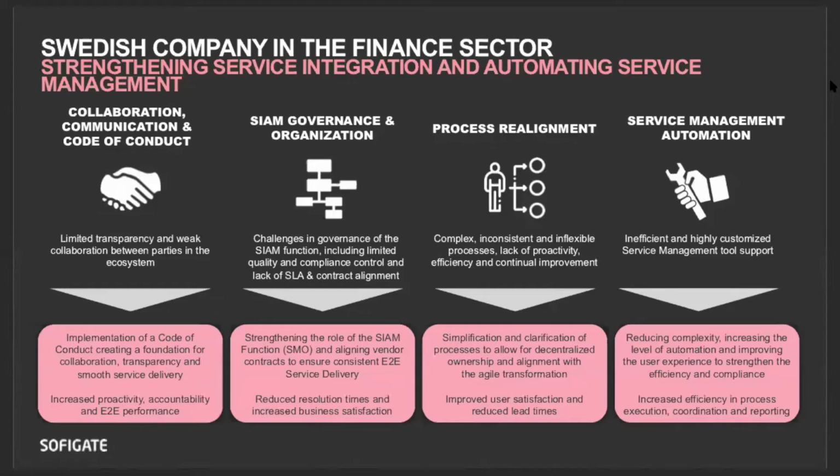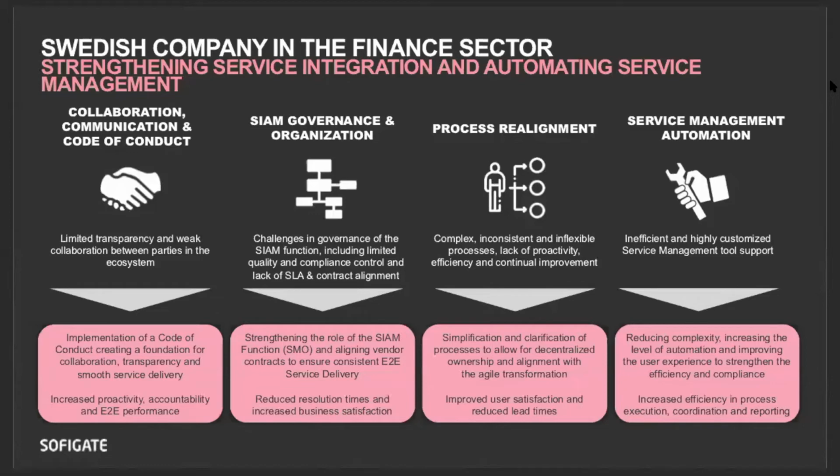The third area is the maybe traditional but important process realignment, to make sure that the processes we are using in the operational space are simple to use, transparent and open, so they can flow throughout the ecosystem. We had a situation where they were quite complex and inflexible, so we need to make sure that they are fit for use and efficient in the execution.